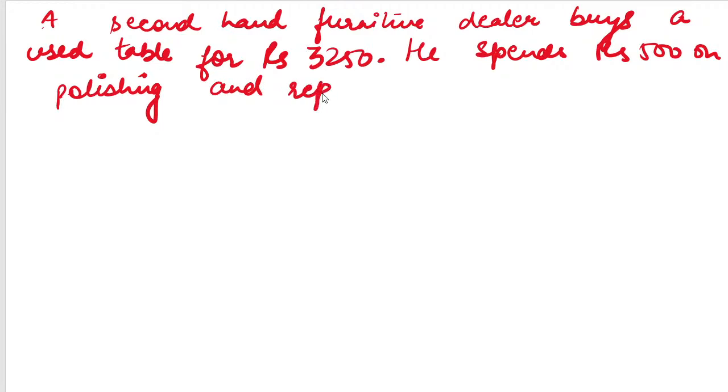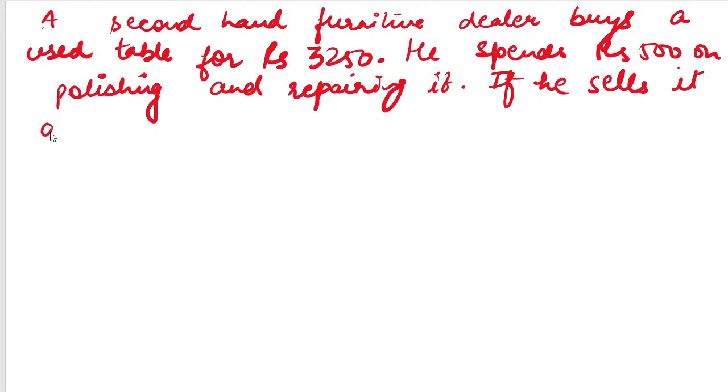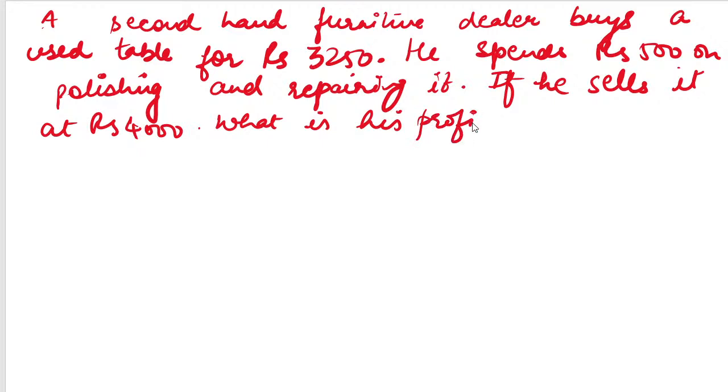So for repairing and polishing he spent some amount of money, that is rupees 500. Then if he sells this table at rupees 4000, then what is his profit? So we have to tell what is the profit of that particular table. Okay, so first of all we know that the CP is 3250 here.